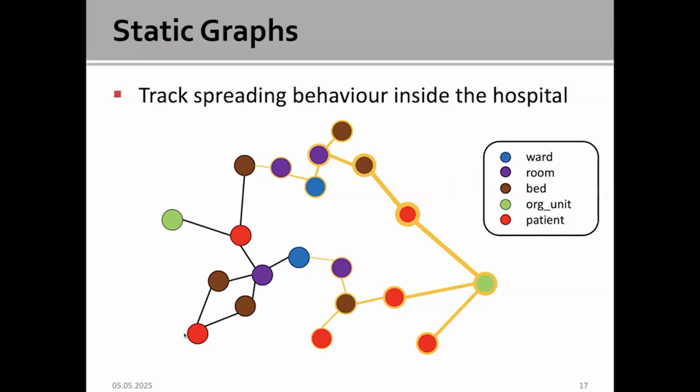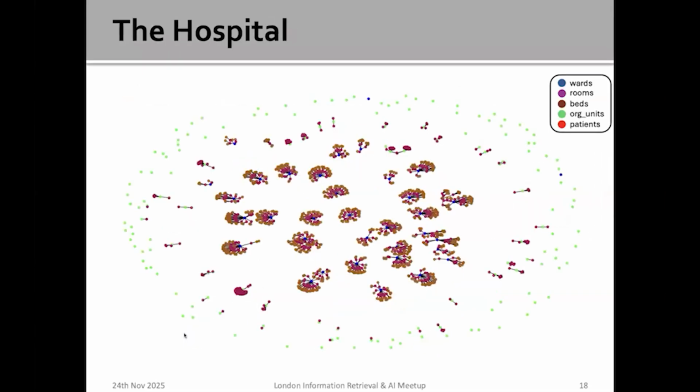So if we now look at our real data set, this is a plot from our real data set, and there are no patients in yet. So this is only the spatial information that we have. And what you can see is that we have some clusters in the graph, and each of those clusters is essentially a ward.